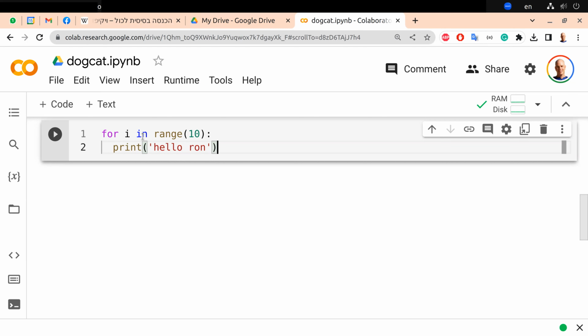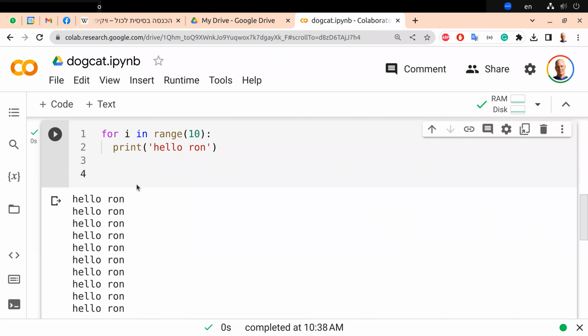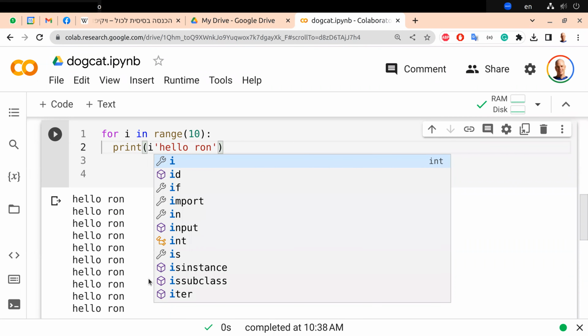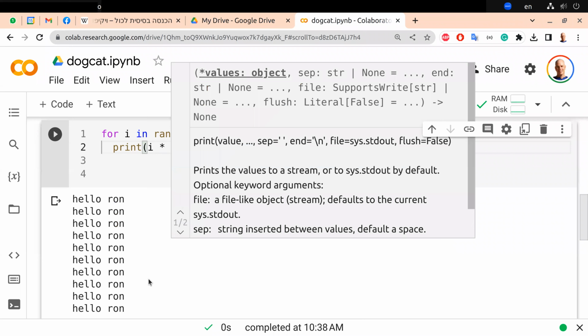Any idea what this program will do? 10 times hello Ron. It will write 10 times hello Ron. Great. You see, you know Python. Okay, and I will add something. He will know how to do that. When i equals 1, he'll write once, when i equals 2, he'll write twice.